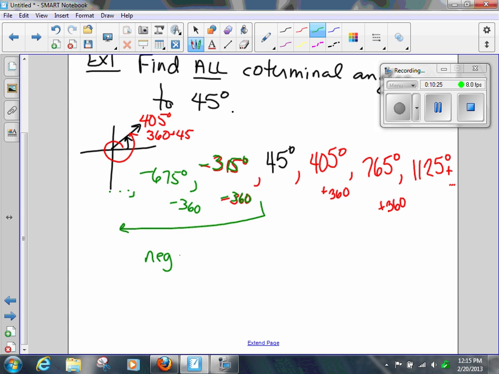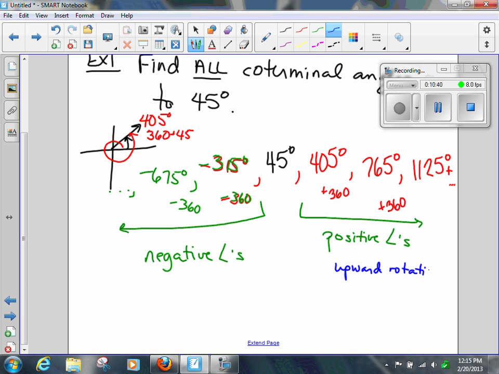But the coterminal angles, don't forget, you have negative angles. We have positive angles. And this has to do with upward rotations and downward rotations.